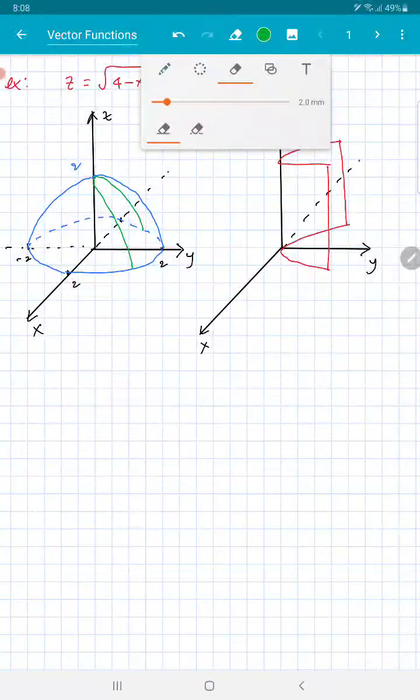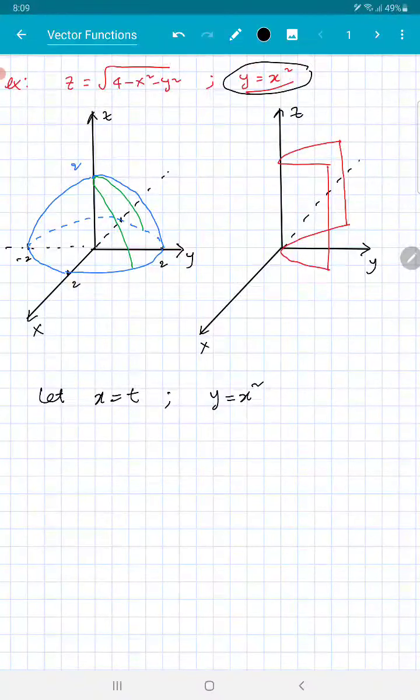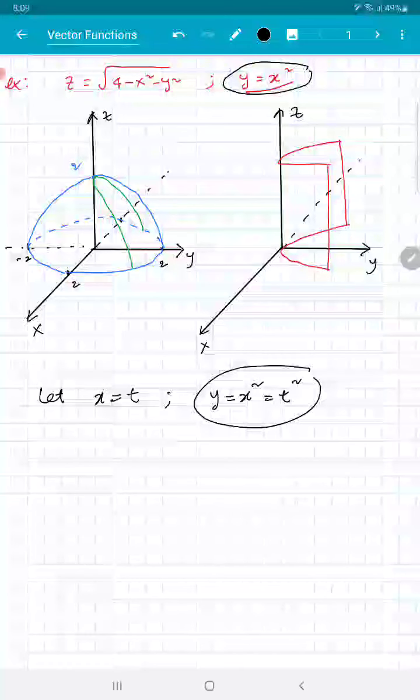If x equals t, then y is x squared, but we already represent x as t, so y is going to be equal to t squared. So now we have related variable x and variable y with the parameter t. The next task is to relate z with parameter t.